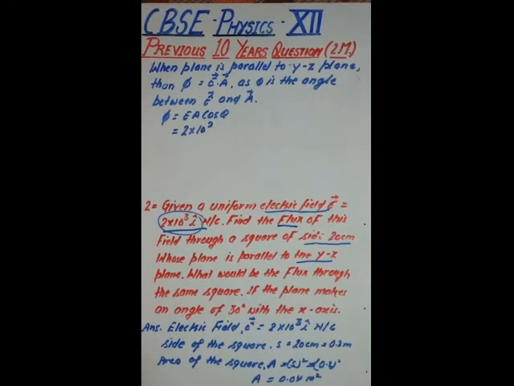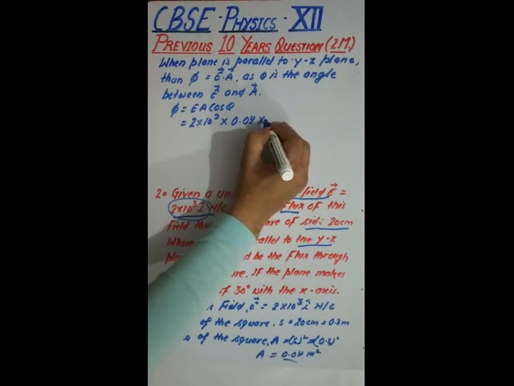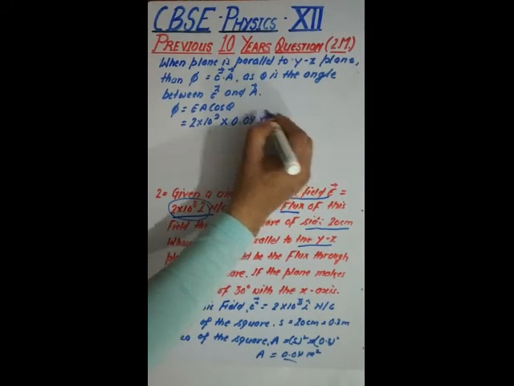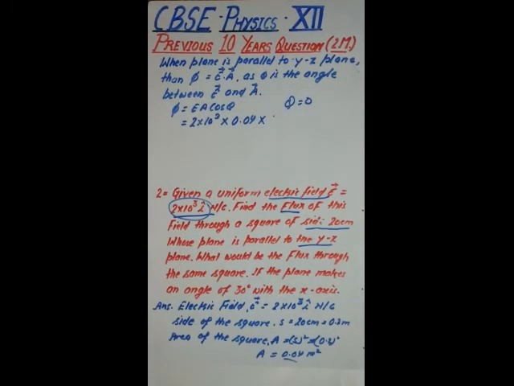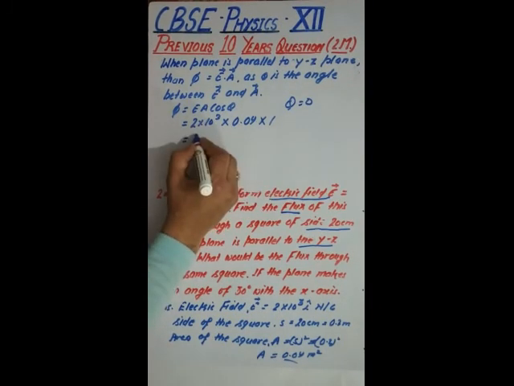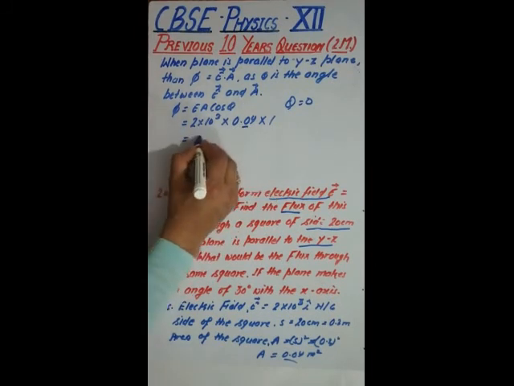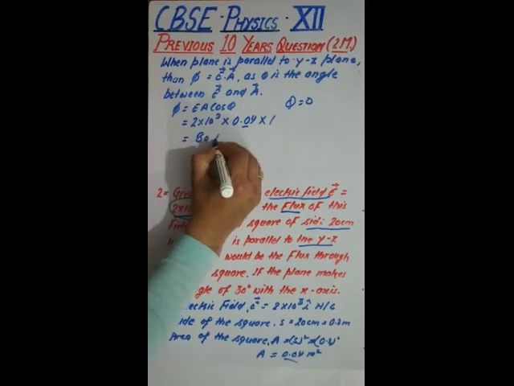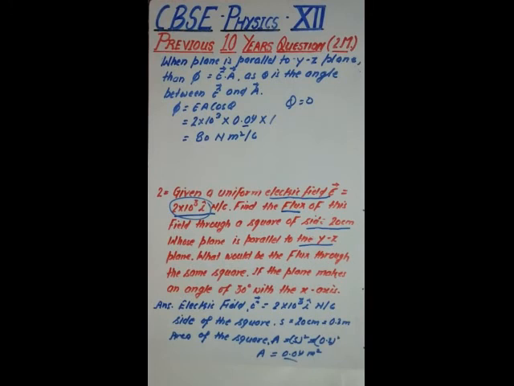The area will be 0.04, and cos theta will be cos 0 degree, which is 1. So it will become 2 into 10 to the power 3 multiplied by 0.04. So it will become 80 Newton meter square per coulomb when the side is parallel.